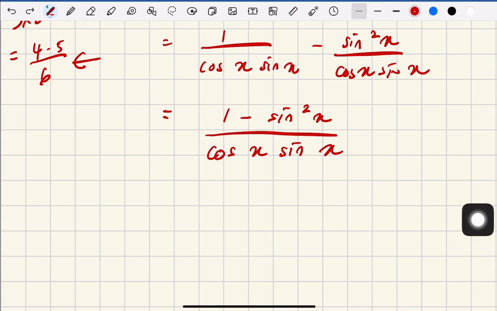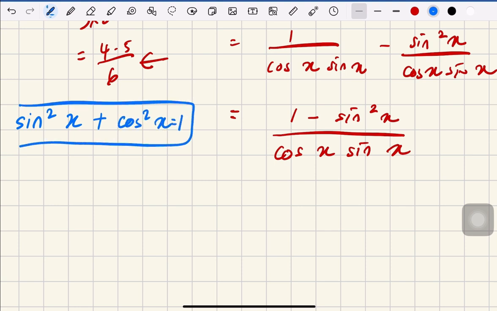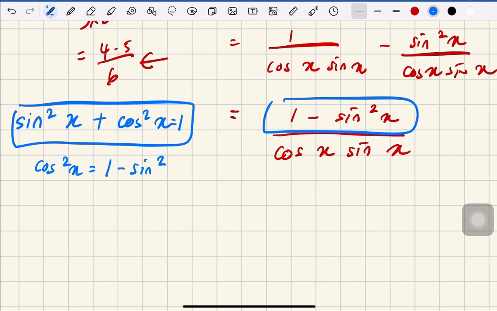Okay, alright. Now try to write back our basic identity. Sin squared x plus cos squared x equals 1, right? So, familiar, this one? Actually, if you rearrange the formula, you will get cos squared x is equivalent to 1 minus sin squared x.